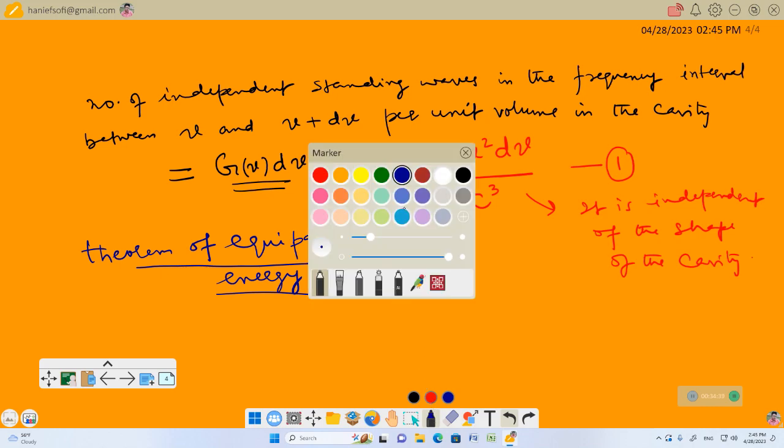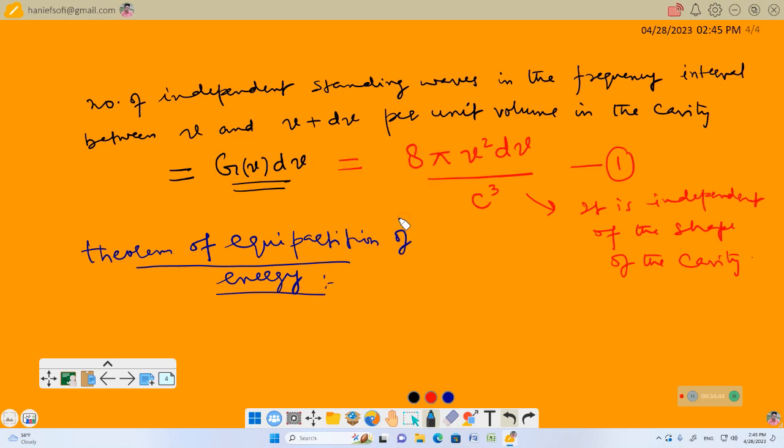You must have gone through this theorem in your thermodynamics class. Now, how do we state it?